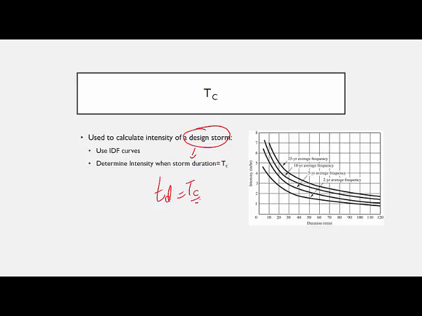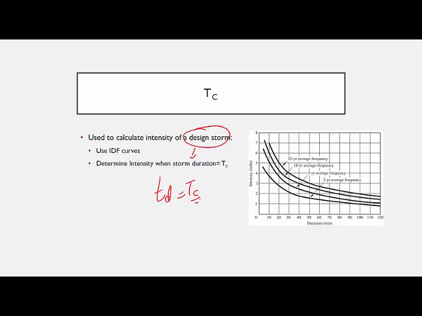Now, in a way, it makes sense, because you know that the time of concentration is whenever the whole watershed is contributing to the outlet. If you have a longer time, it's still the same, 100% of the outlet. It doesn't go beyond that.